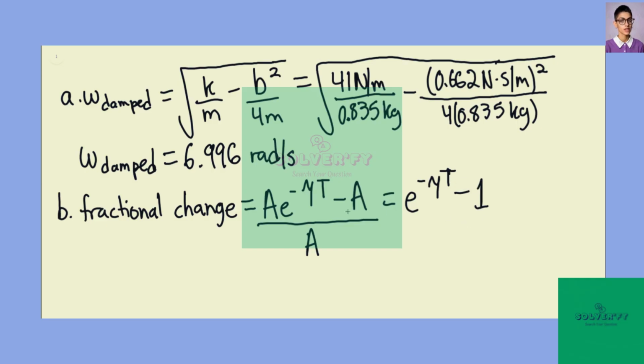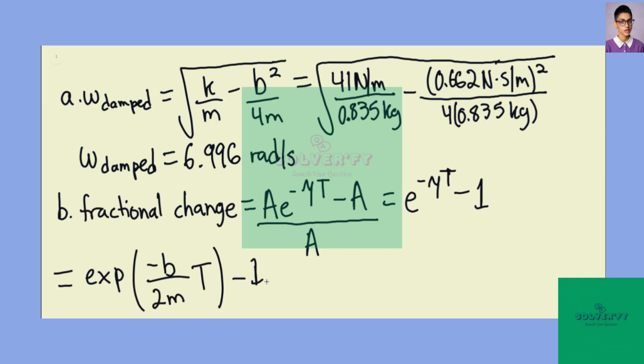And then we can say that this is going to be equal to exp. Exp just is the exponential function. So whatever is in the parentheses is the power with a base of e. So this would be negative b over 2m times T, and then close parentheses, minus 1.